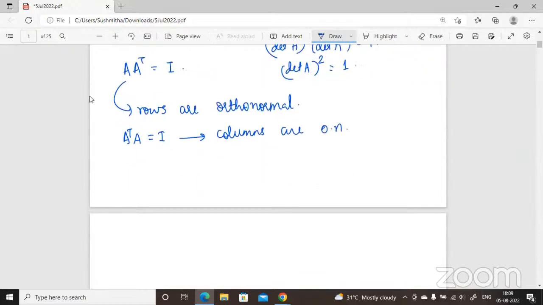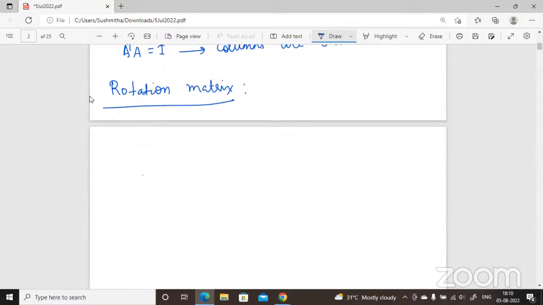Then we have a special set of matrices which are orthogonal, that is the rotation matrix. What does the rotation transformation do? It rotates all vectors by an angle theta.